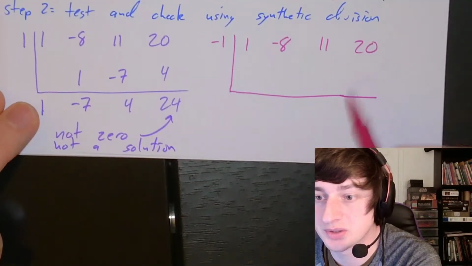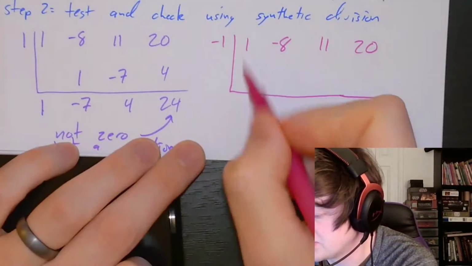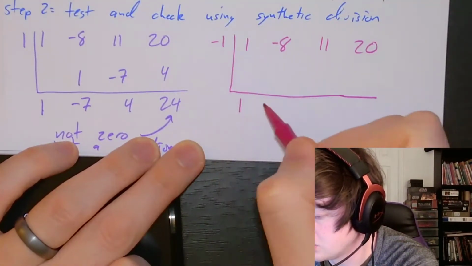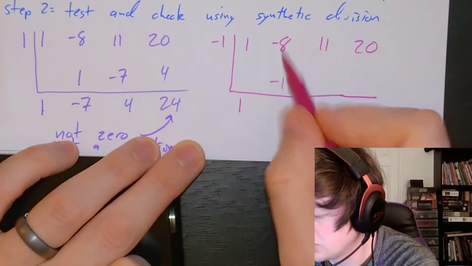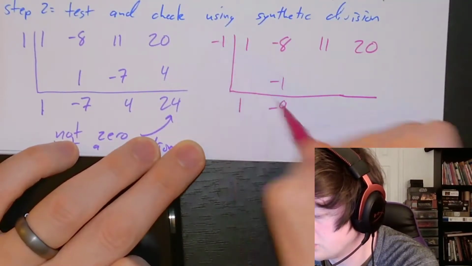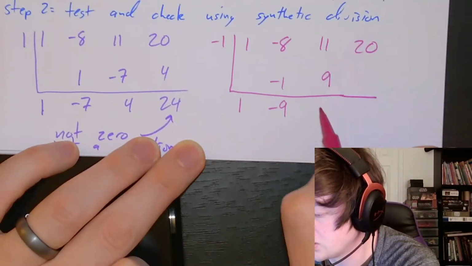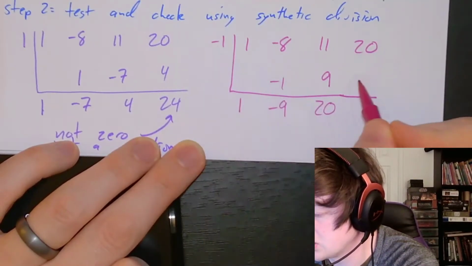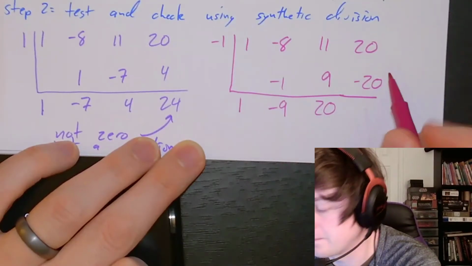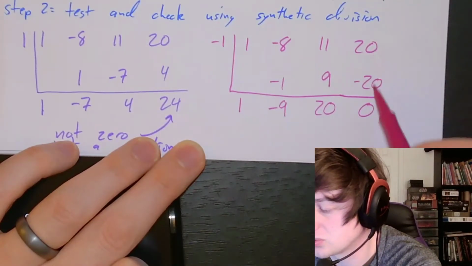So our goal is to get 0. I'm going to add down, multiply, we get -1, add those, we get -9, add those, multiply, we get +9, add, we get 20, multiply, we get -20, and then we get 0. 20 minus 20 is 0.